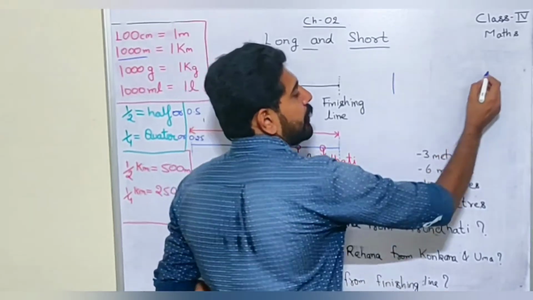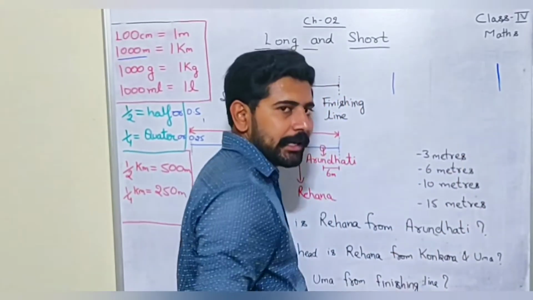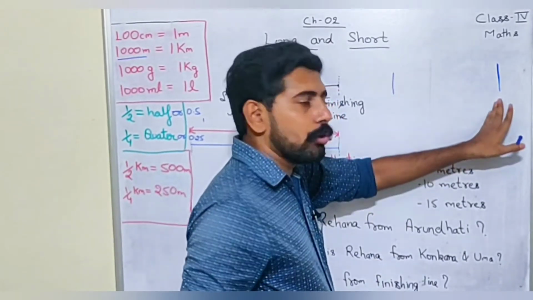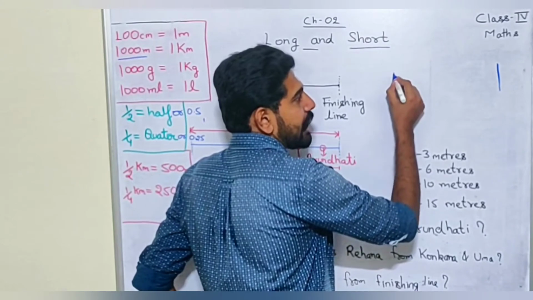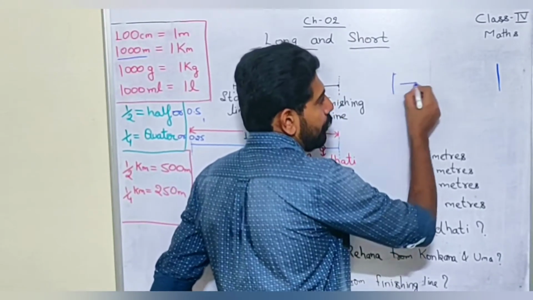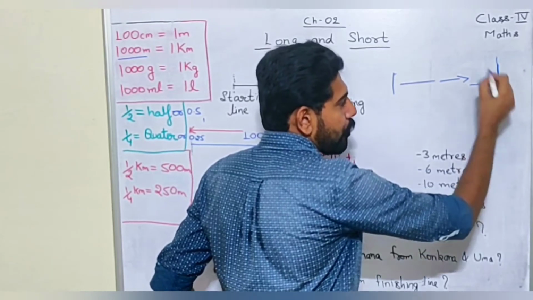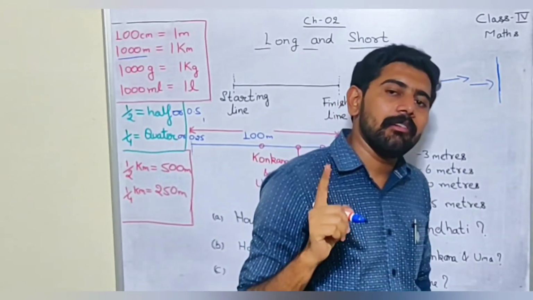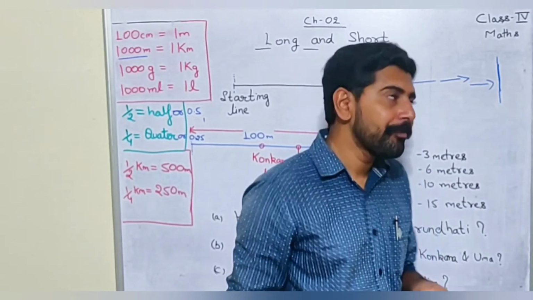Then in your front there is another line which is known as the finishing line. You have to take a start from this line, run very fast, and then cross this line as fast as possible. Yes, na?